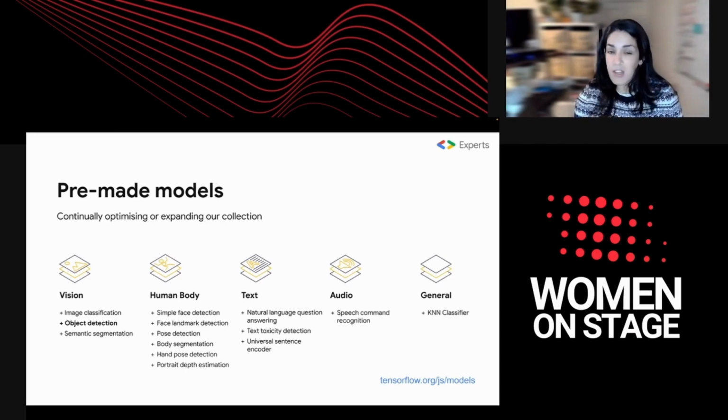Then we have natural language question answering. You can grab a bunch of text and ask questions over that text, and it will reply to you with some answers. There's another model to detect text toxicity that you can use on a chat, for example, and a universal sentence encoder.